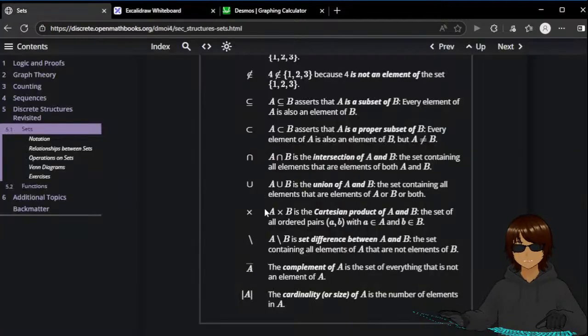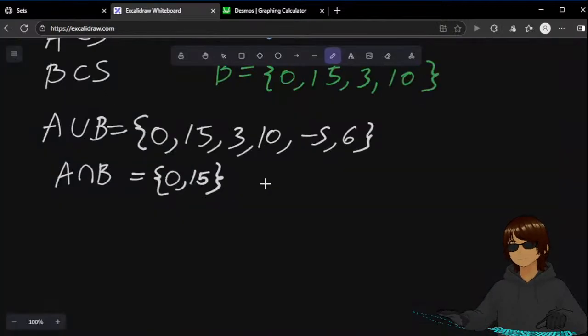The Cartesian product A × B is the set of all ordered pairs (a, b) with a in A and b in B. A divided by B is the set difference of A and B. It's a set containing all elements of A that are not elements of B. But I think A minus B is a valid notation, right?